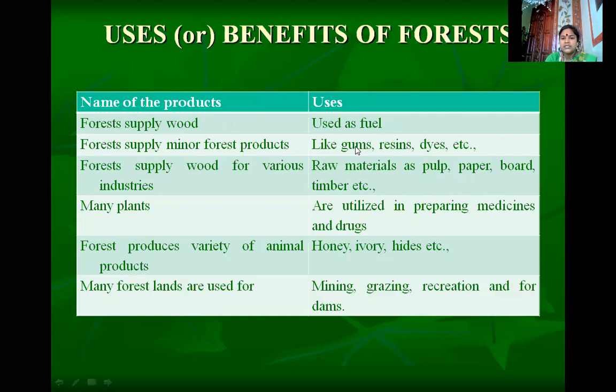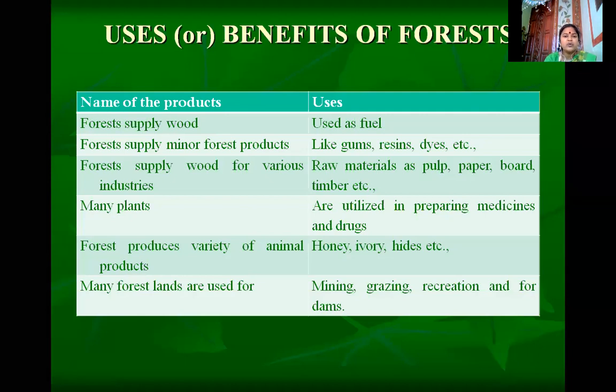Like gums, resins, and, of course, resins are also a type of gum which is used to paste. The broken pieces or tiles in the houses are also pasted with the help of these resins. Then dyes are also supplied from the forest. These are all the minor forest products.